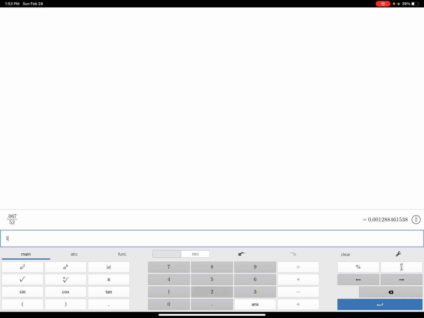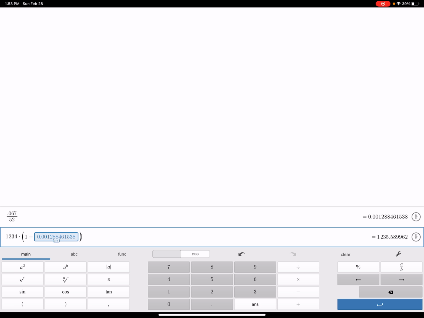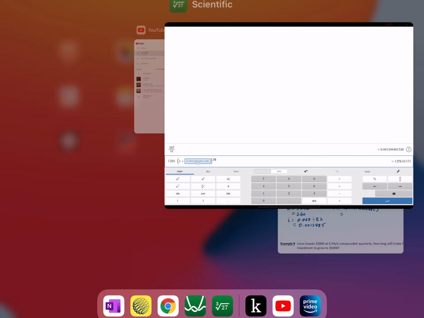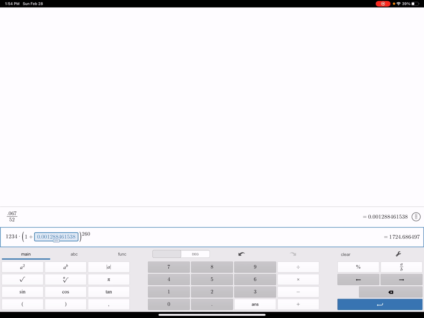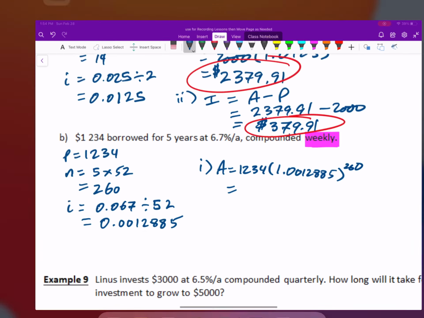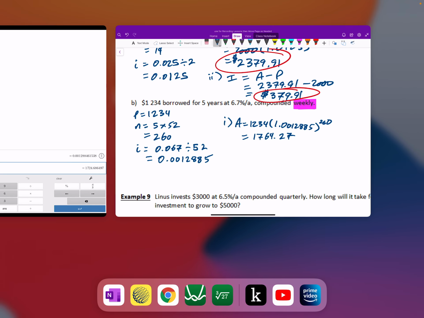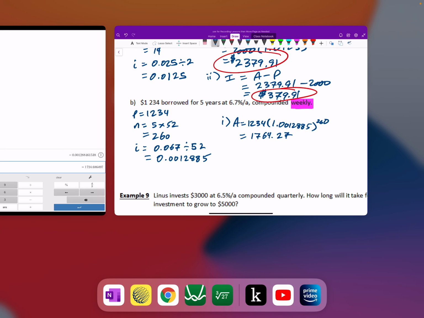So I'll use the 1234 times, and I can actually do in brackets 1 plus the previous answer, and then do that to the exponent 260. Yep, 260. And I got 1,724.67. Again, just double check that I didn't invert anything, and I did.